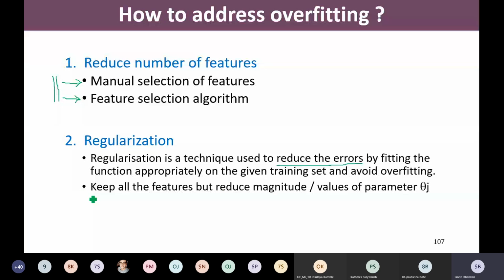What we are going to do is reduce the magnitude or the values of the parameters theta j. What are those parameters theta j? Theta j parameters actually define our hypothesis h theta x. Whenever we come up with the hypothesis h theta x, we are actually trying to find this parameter vector theta.